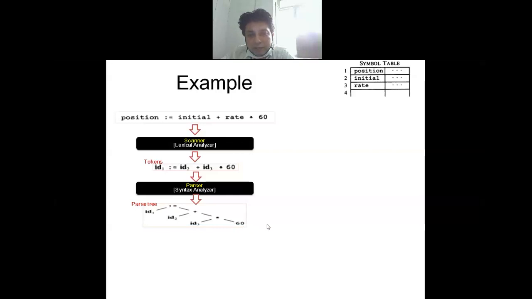All of you remember it. So in the syntax analyzer or the parser phase, we convert this in the form of a parse tree, like this.